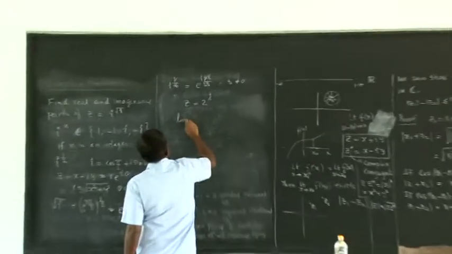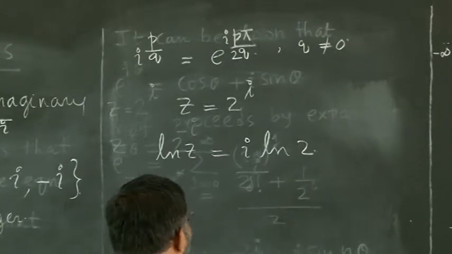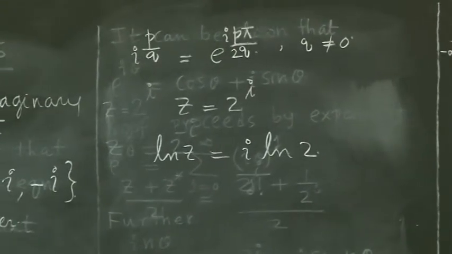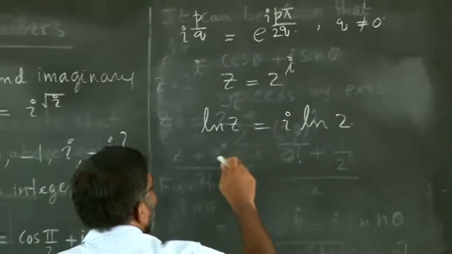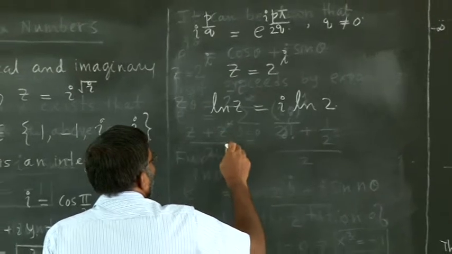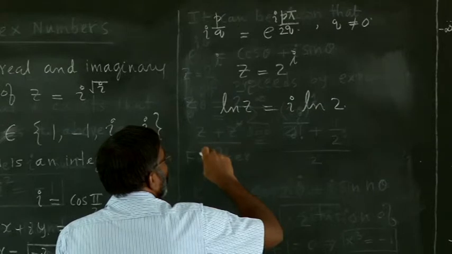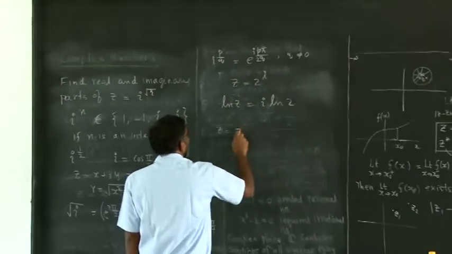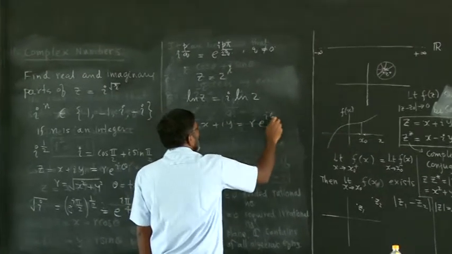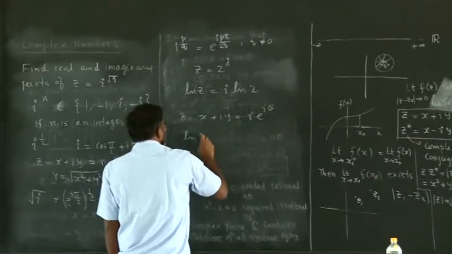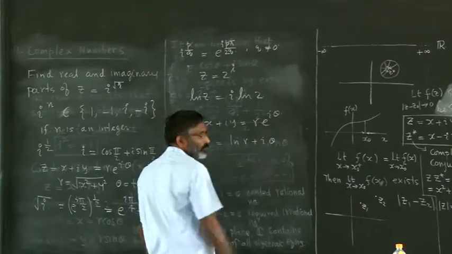So ask what is logarithm of Z. That is I logarithm of 2. So if you have Z equal to r into e to the power I theta, when you take logarithm of Z, you have logarithm of r plus I times theta.